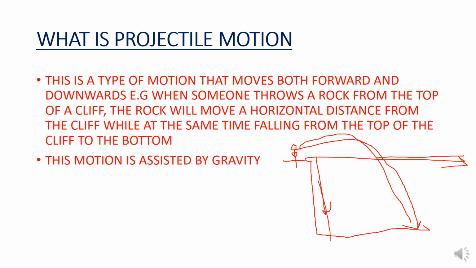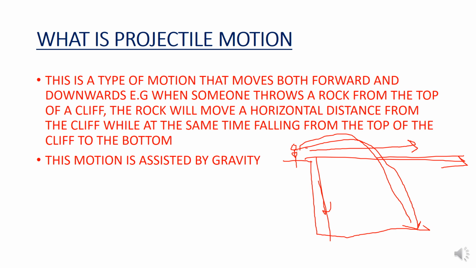Sasa, yeah, there's that example kwamba when a person throws a rock from the top of a cliff, the rock will move a horizontal distance from the cliff. Hii rock first of all itaenda hivi. Sasa ita move away from the cliff a specific distance, which we learn how to calculate, while at the same time falling from the top of the cliff to the bottom.